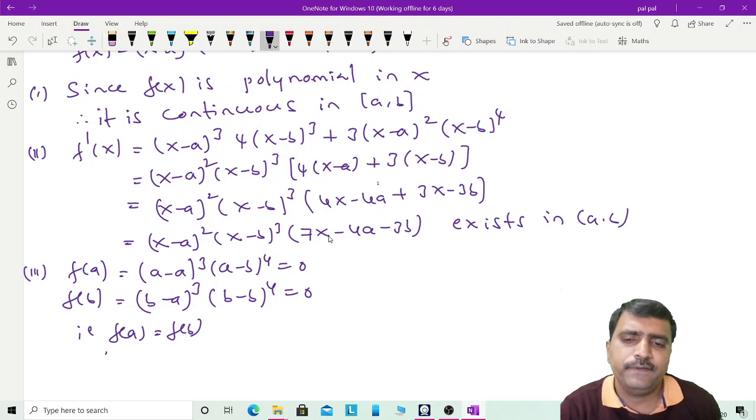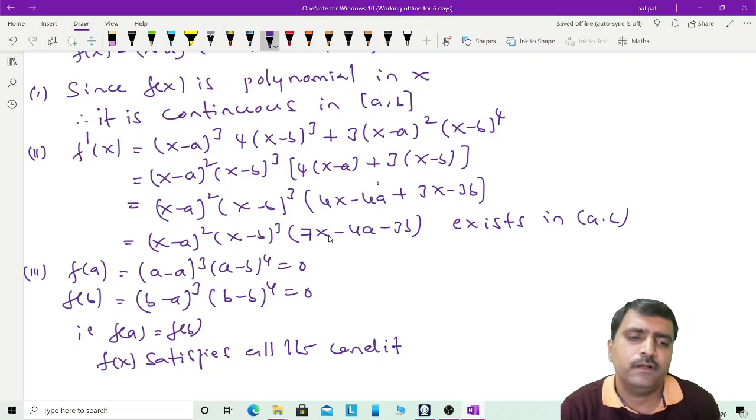So f of x satisfies all the conditions of Rolle's theorem.